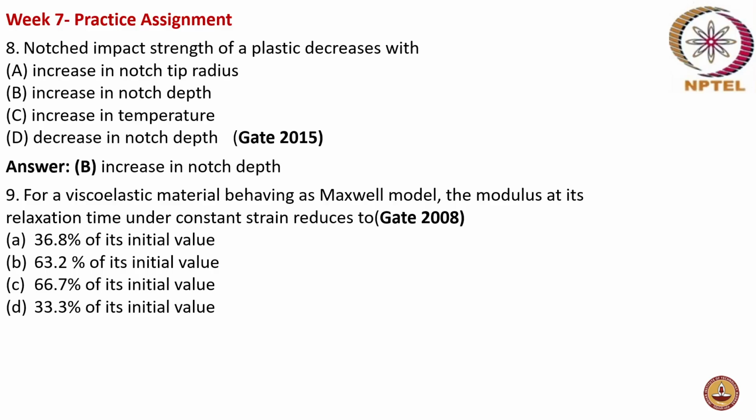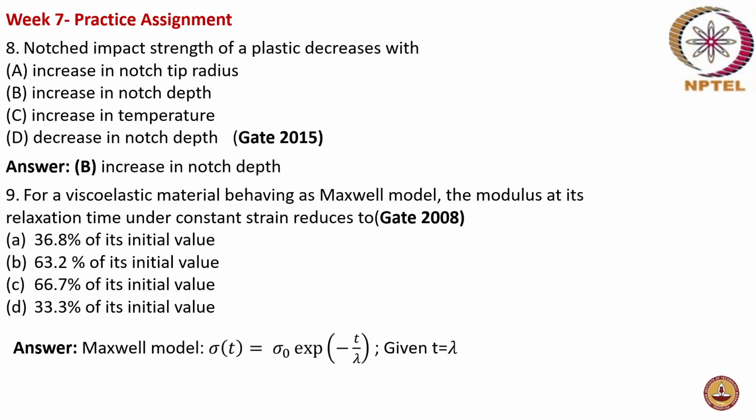Now let's go. The Maxwell model means sigma of t is equal to sigma naught into exponential of minus t by lambda. Here they have given the time equal to its relaxation time. That means they are asking for the modulus when the time is equal to its relaxation time. So you just have to substitute t equal to lambda.